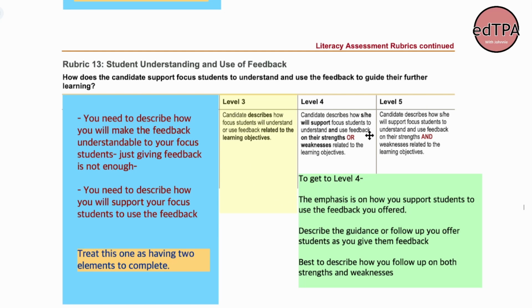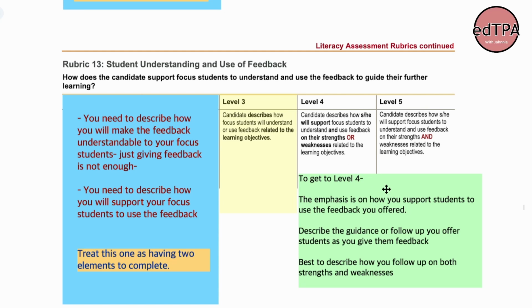Level 4, candidate describes how he will support focus students to understand and use feedback on their strengths or weaknesses related to the learning objectives. So notice that you have strengths, weaknesses, both of these in terms of feedback. In level 3, they didn't describe what quality of feedback, but for level 4, it's strengths or weaknesses.